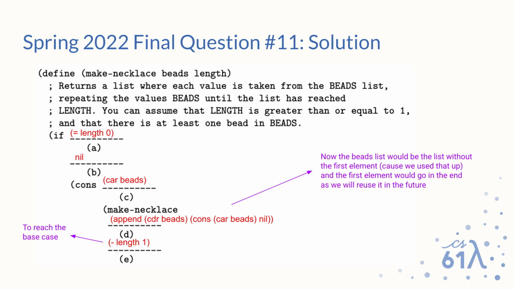Is it also the same if you do list car beats, or quote car beats, or quasiquote car beats instead of the last? If you do quote, I believe it wouldn't be the same thing because you're not evaluating what's inside. When you're doing car beats, you're evaluating the first value, right?